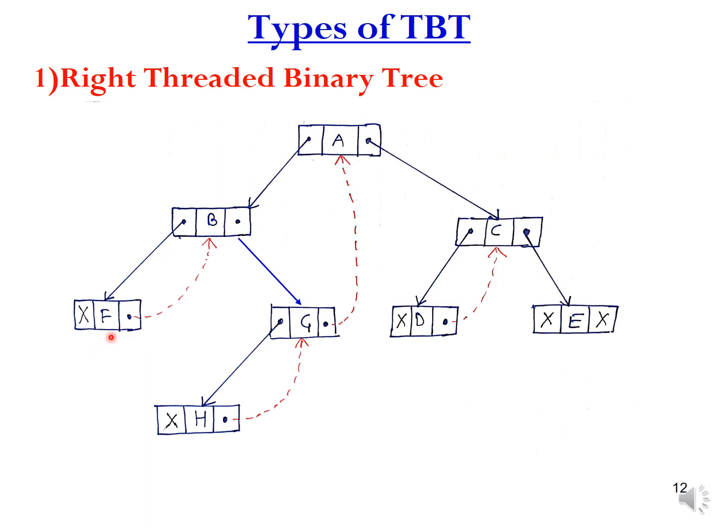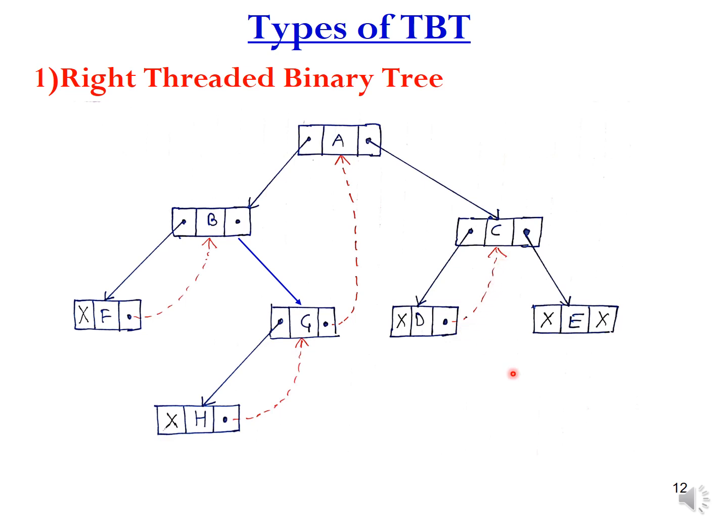If we see node F, its right null pointer is pointing to its in-order successor, which is B. G's right null pointer is pointing to its in-order successor, which is A. The right null pointer of H is pointing to G because its in-order successor is G. In the same way, the right null pointer of D is pointing to C.